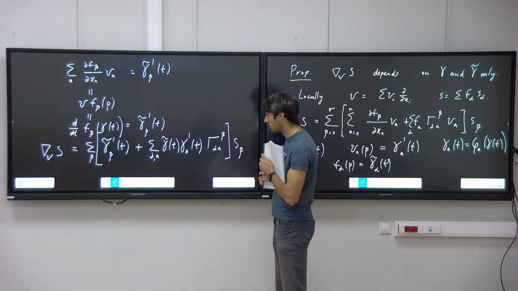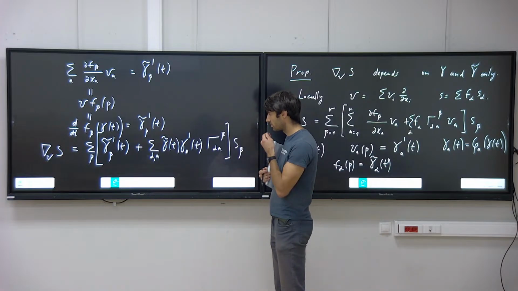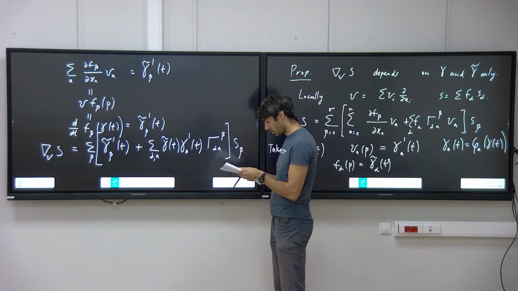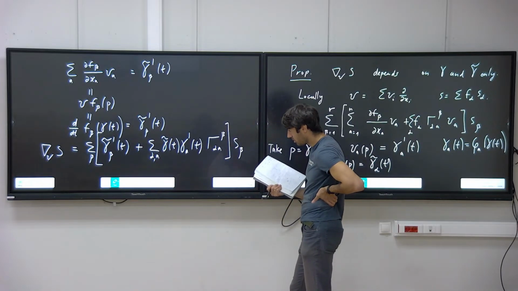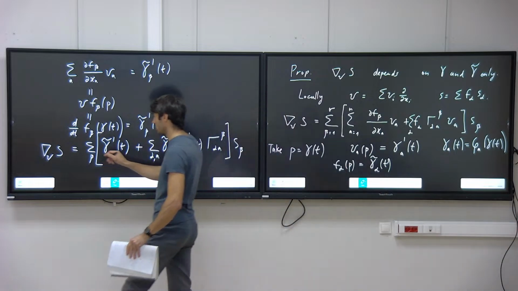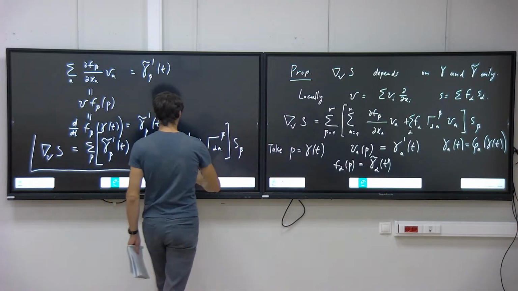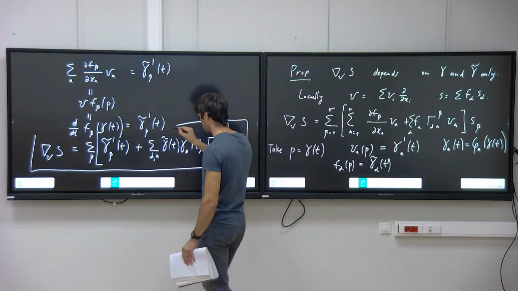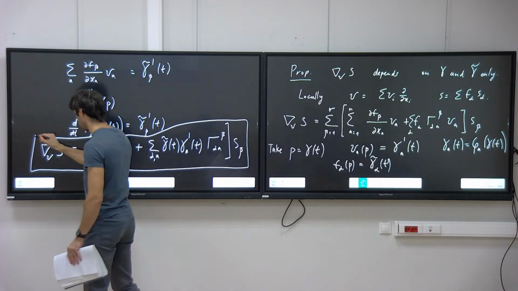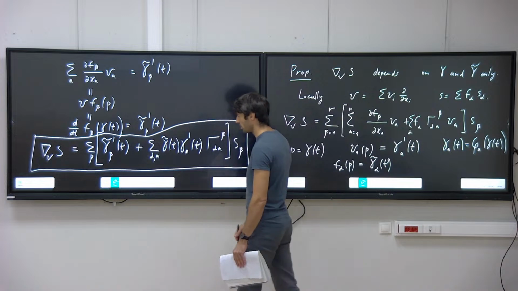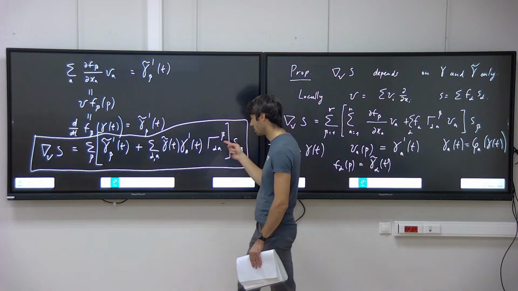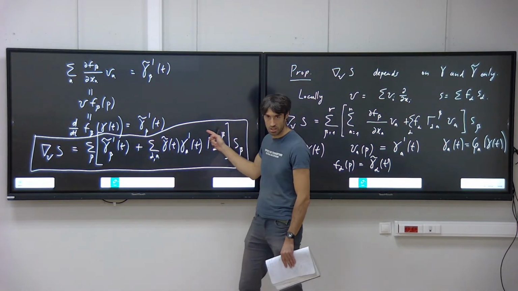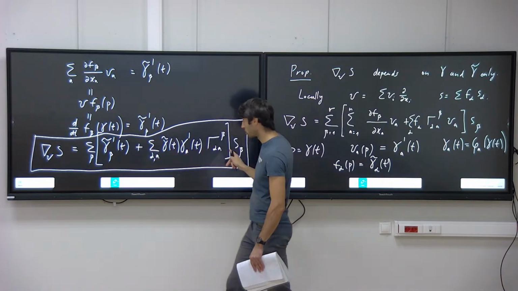In the future, I'll just box it, and so we have this result. We will use it in the future. In particular, for parallel transport, a parallel curve along some curve in the base is given by some differential equation, which is saying that this should be zero.